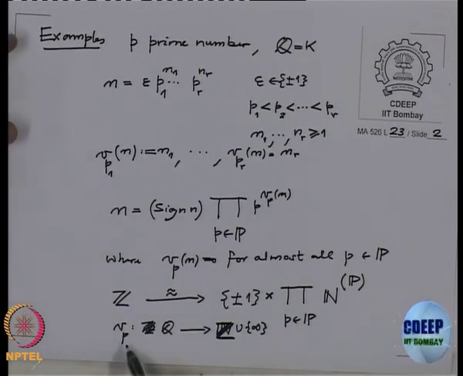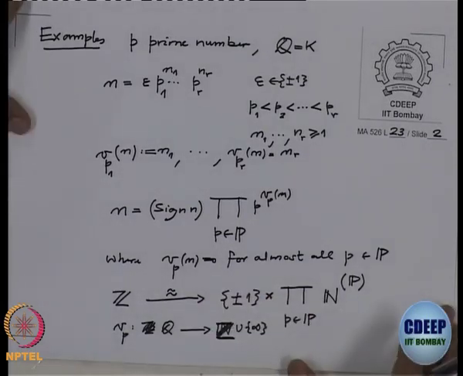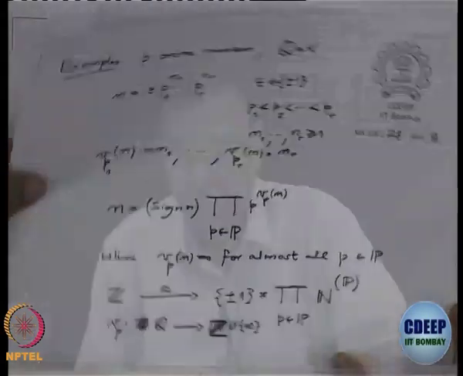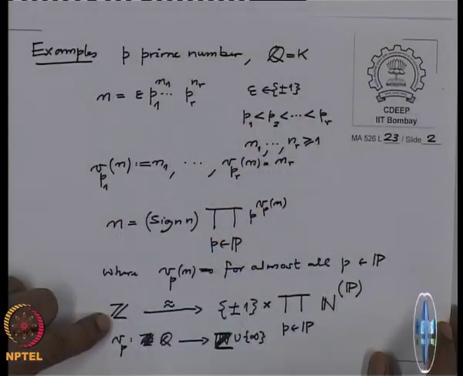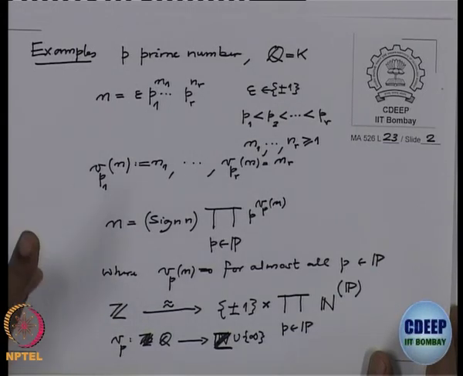So these are the discrete valuations. Each P will give you a discrete valuation on Q, and there is one extra that we will see. And these we can imitate; there is nothing special about Z, you can imitate it for the polynomial ring in one variable over a field, which is a PID.